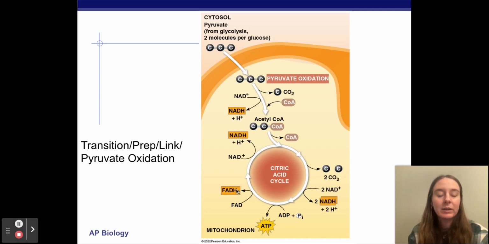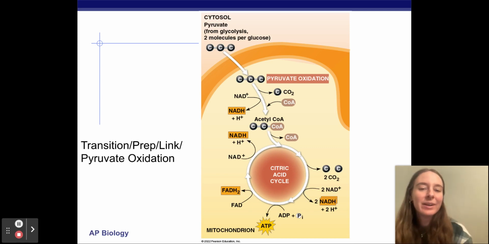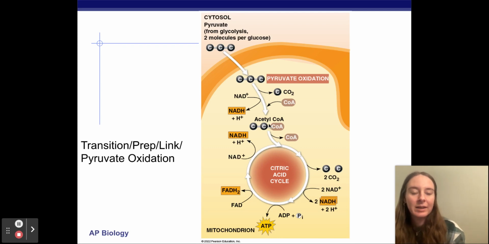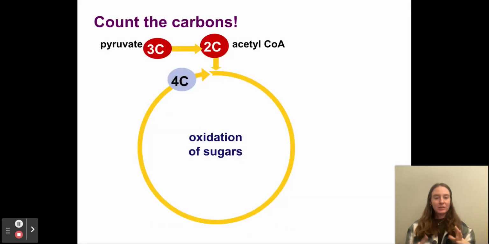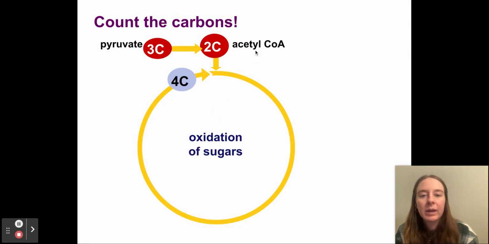We're going to make another energy carrying molecule called FADH2 and even more NADH. So really the whole point of this is to squeeze out as much energy as we can from this acetyl-CoA, and we are going to be trying to create these energy carrying molecules. That's the whole point.